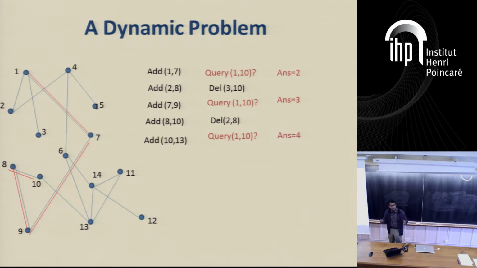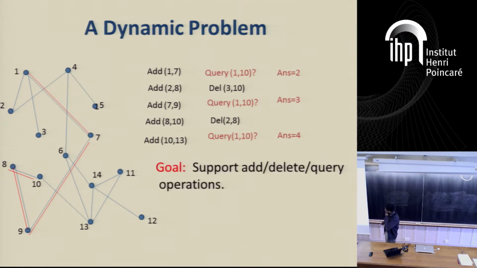So this goes on for a while. Each time, the graph has to be updated, and you want to be able to quickly give the answer by querying as few bits as possible in your data structure. Okay? So as I said, the goal is to create a data structure that supports these add, delete, and query operations, and that, amortized over each operation, spends as little time as possible. Okay?